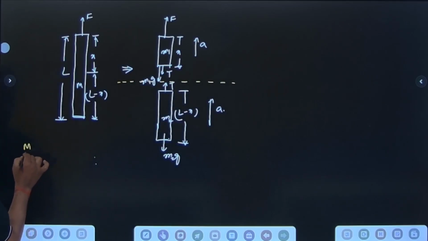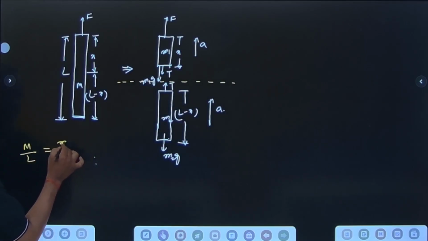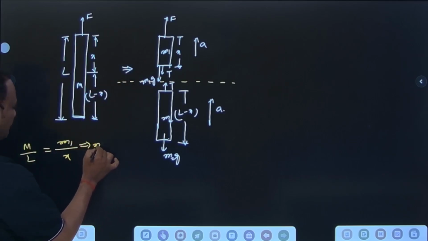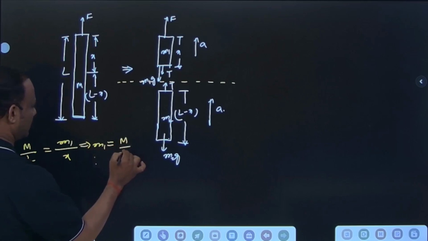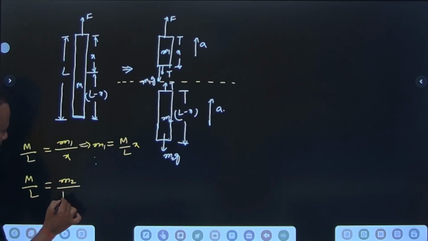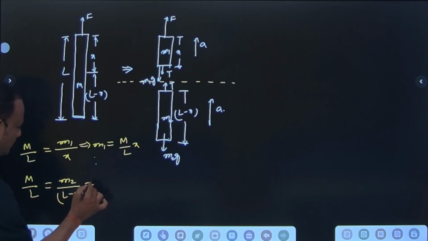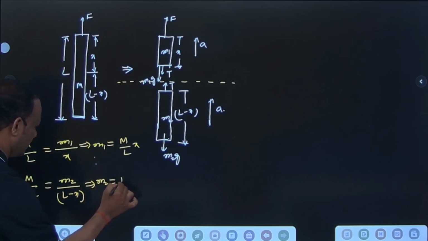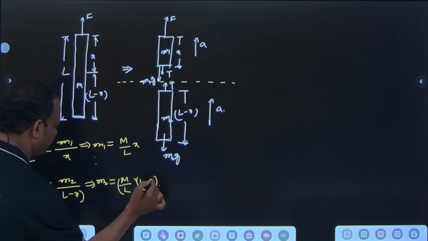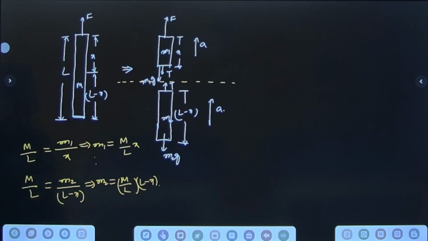Capital M by L is equal to M1 by x, so M1 is equal to M by L into x. Capital M by L is equal to M2 by L minus x, so M2 is equal to M by L into L minus x.